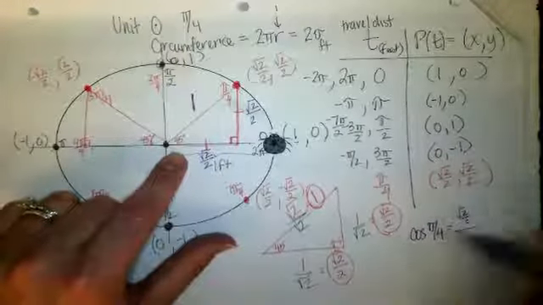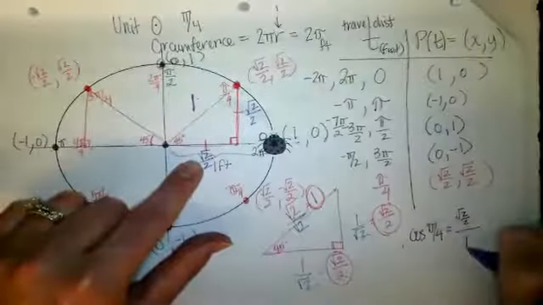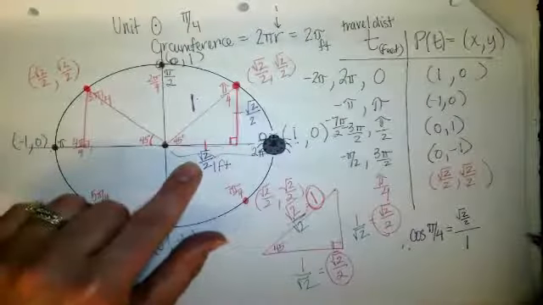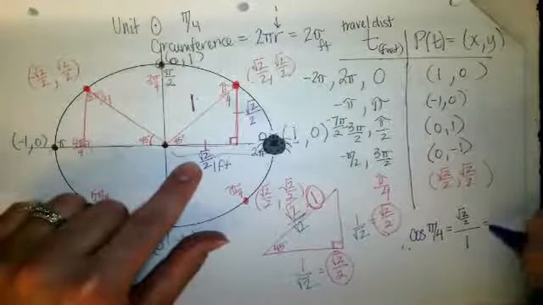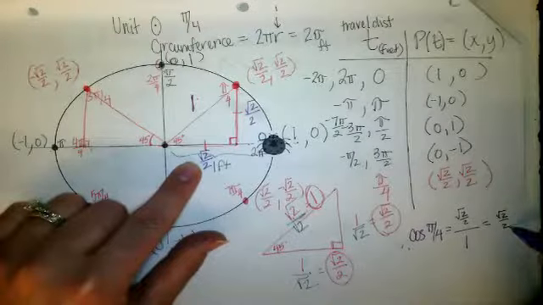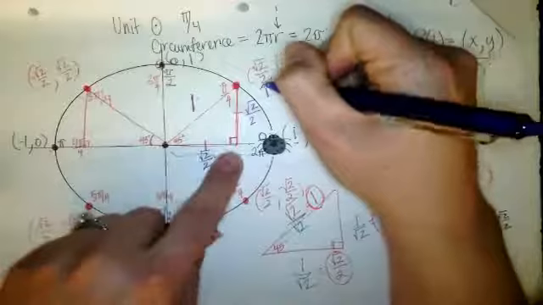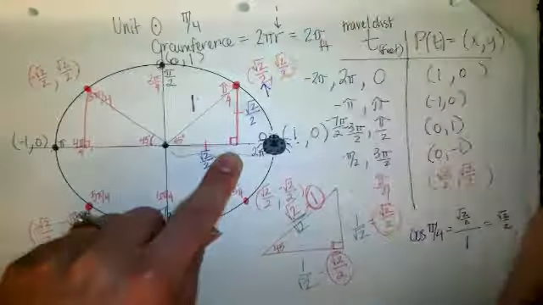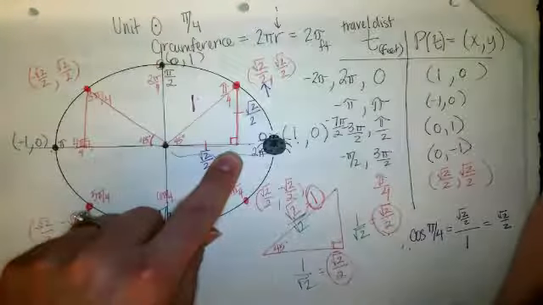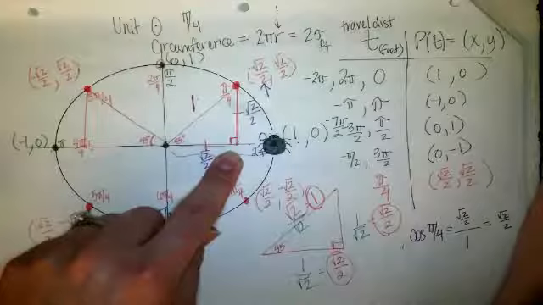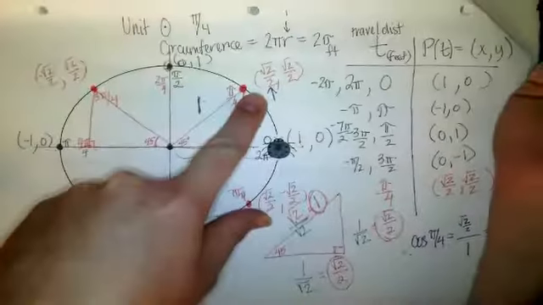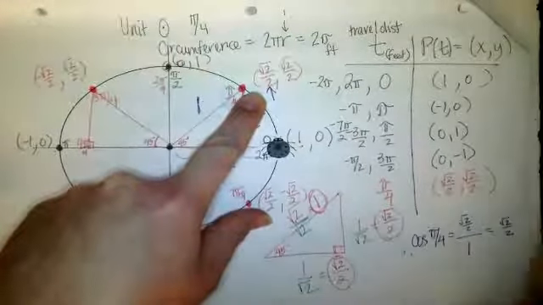Radical 2 over 2, adjacent over 1. Oh, what? It's just radical 2 over 2, which means it was just this x side length right there. So cosine of our angle is always the x coordinate. Yes. All right?